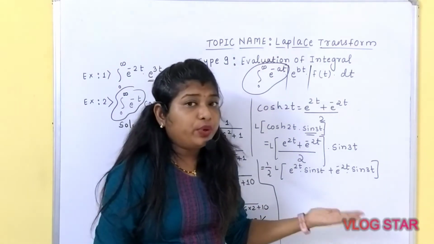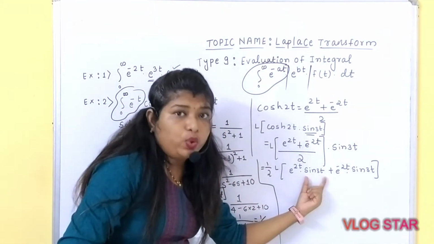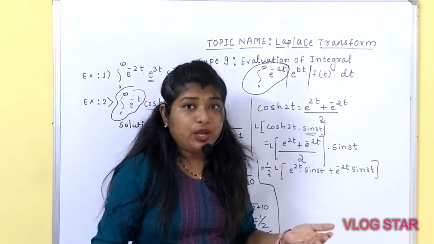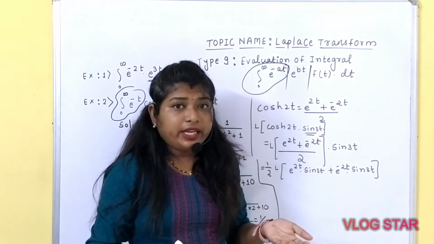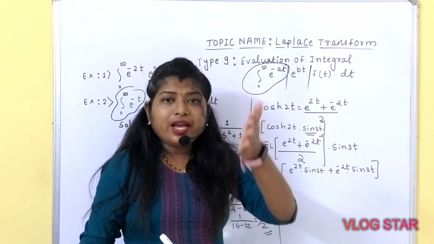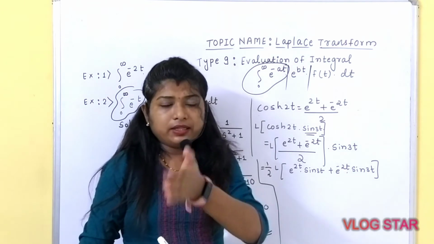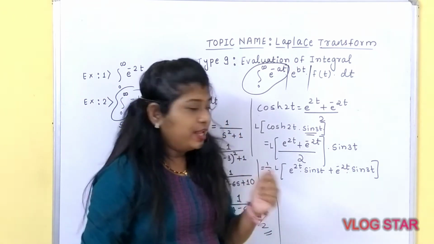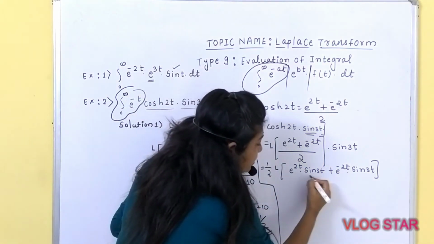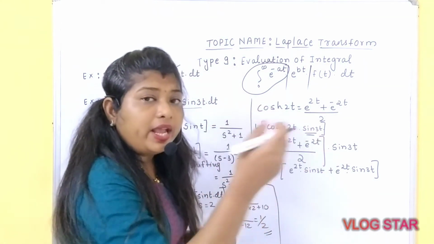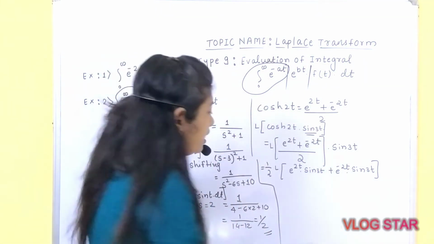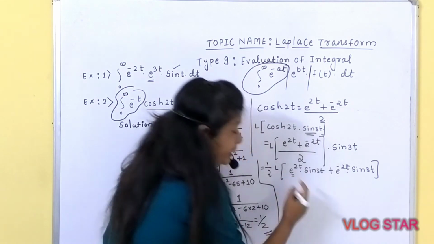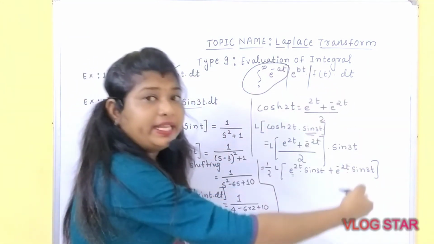After this, what you need to do? You have to find out the Laplace of sin 3t. What is the Laplace of sin 3t? As you know, it is 3 upon s square plus 3 square, that is 9. So the Laplace of sin 3t is equal to 3 upon s square plus 9. If you observe carefully, it is e raised to 2t into sin 3t.